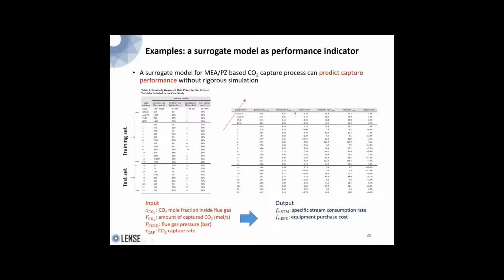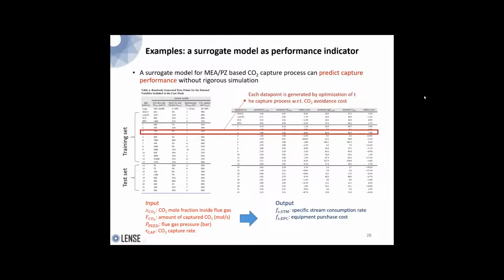So we actually had to do the process optimization for the given condition so that the minimum amount of steam needed would be calculated and so on. And so all that optimization was done for different data points, and then the outputs were estimated: predicted steam consumption rate, as well as the equipment purchase cost.